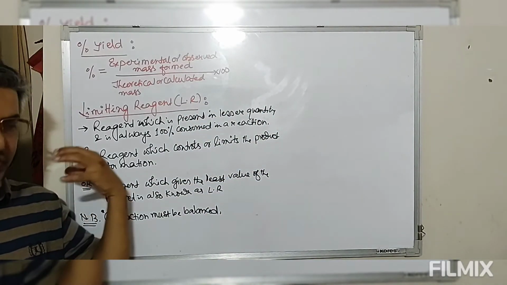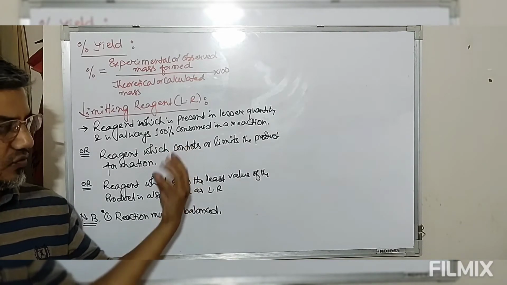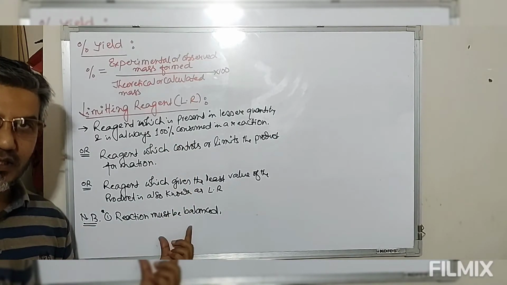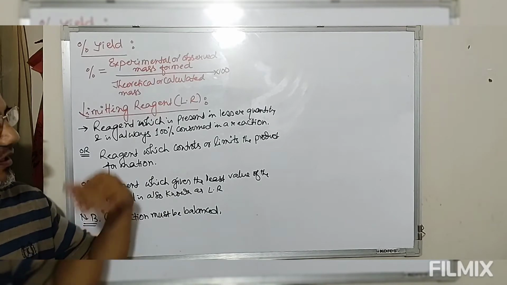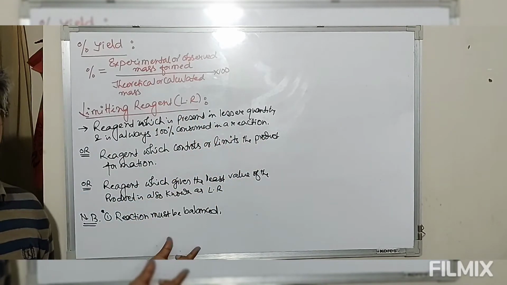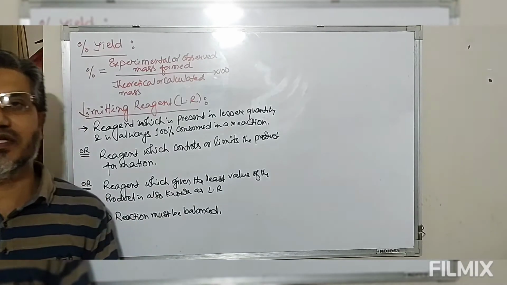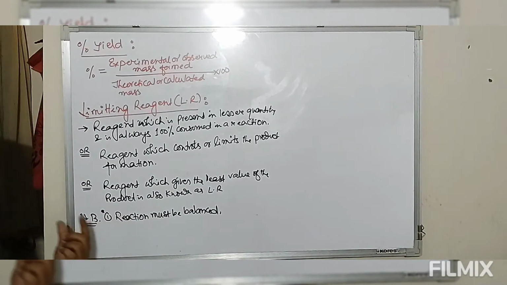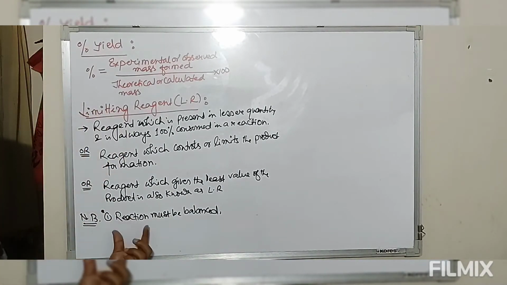If the initial value given for this chemical reaction is less than that required from the balanced reaction, that is what we call the limiting reagent. So we have to correlate the values with the balanced reaction.